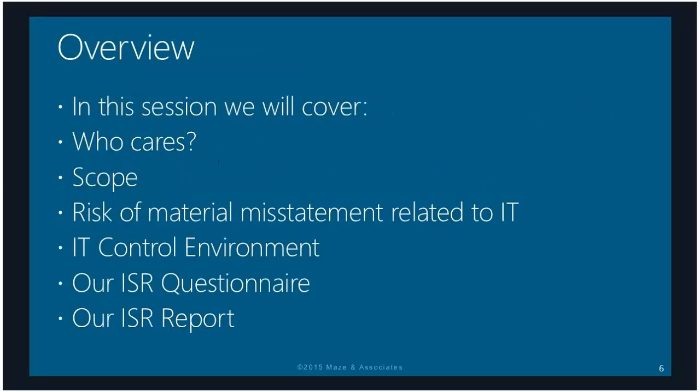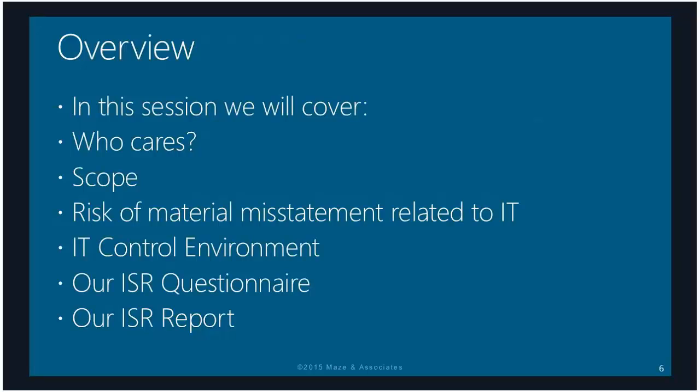So in this session, what are we going to talk about? First, I like to start off with who cares? Why are we talking about this? The "so what" question. Then we'll talk about the scope: how do we look at the scope of an information system review? Then we'll look at the risk of material misstatement as it relates to IT, and after that, the IT control environment.